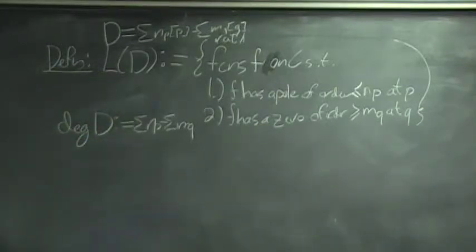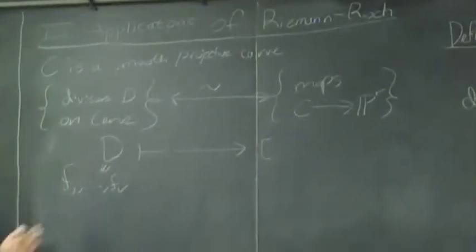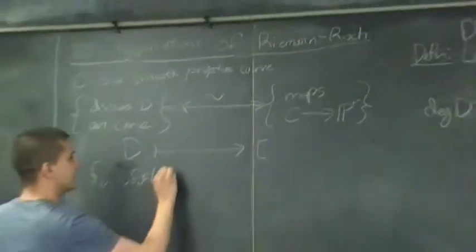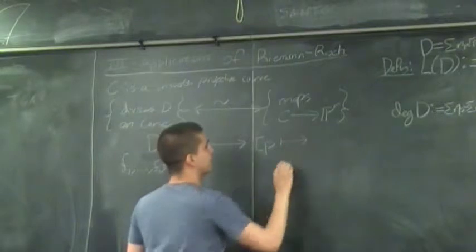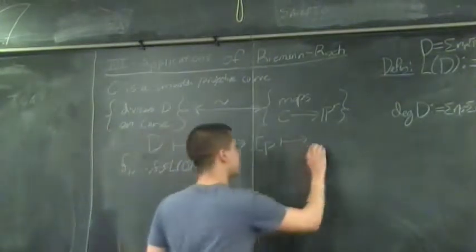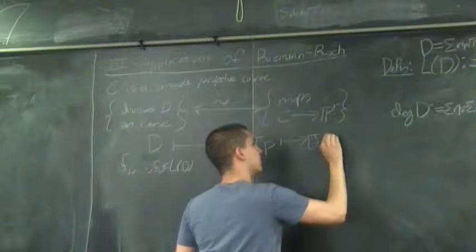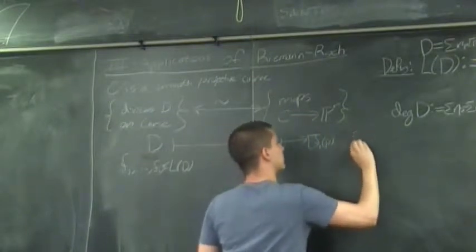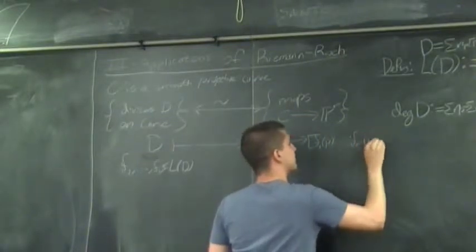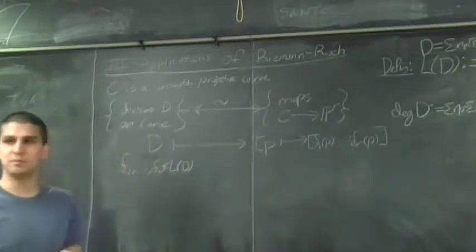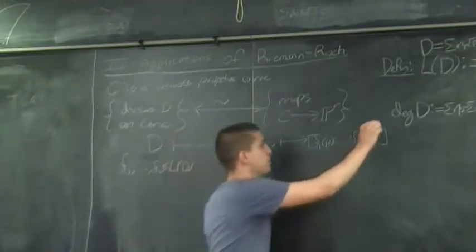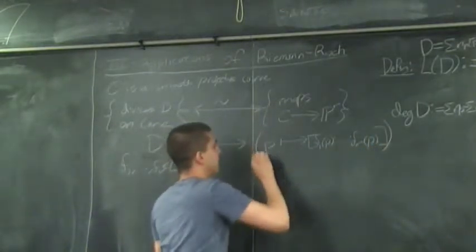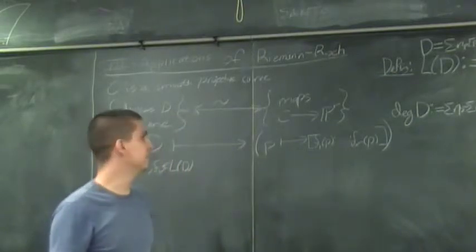But let's choose a basis, not for D, but for L of D, and then our map is going to send a point P on the curve to, we just take each of these rational functions and evaluate them at P. And again, some of these things could blow up, so this won't be defined at every point P. They could all be 0 simultaneously.